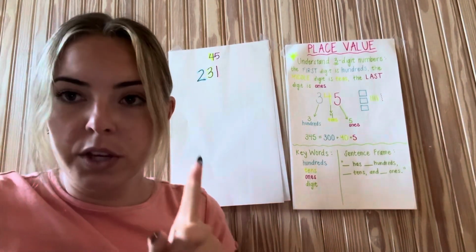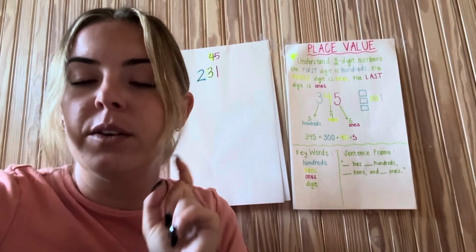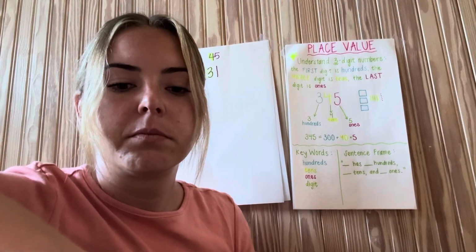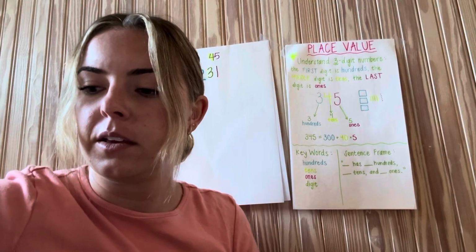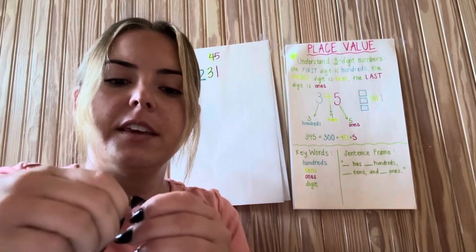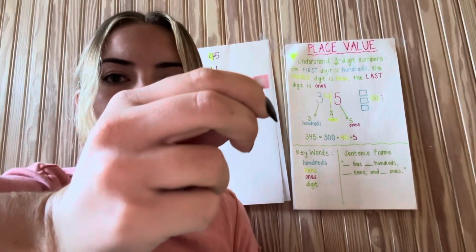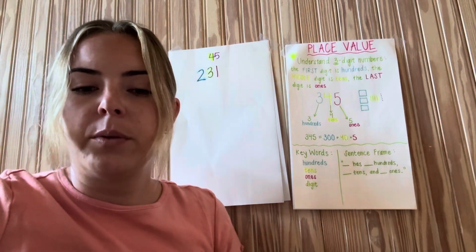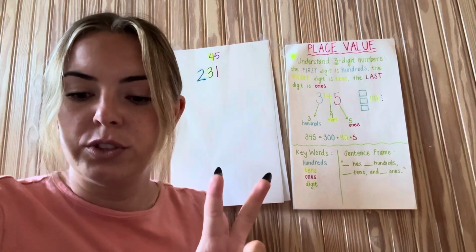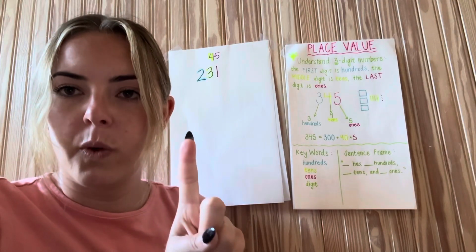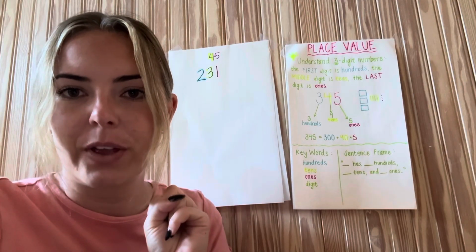That means we only need one ones block. Here is our ones block. So now we have our 2 hundreds blocks, our 3 ten sticks, and our 1 ones block.